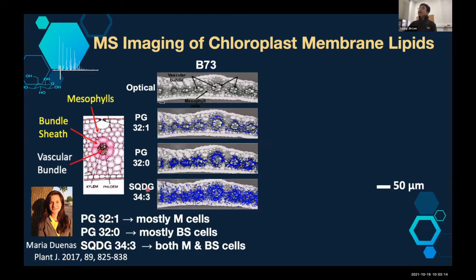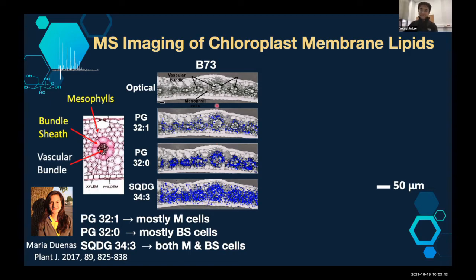SQDG, sulfoquinovosyl diacylglycerols, are present in both bundle sheath and mesophyll, but PG 30:1 (phosphatidylglycerol 30:1) is mostly in mesophyll, while PG 32 is more in bundle sheath. So because of the one double bond difference, they have cellular heterogeneity.